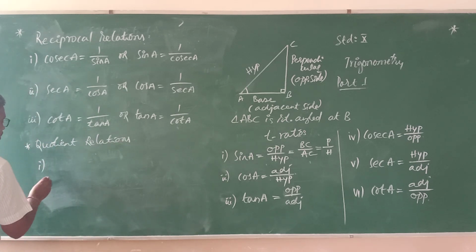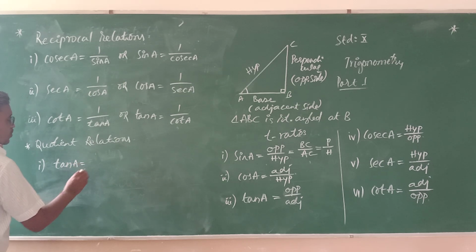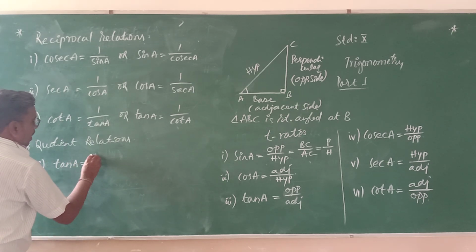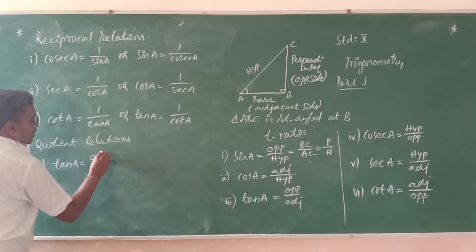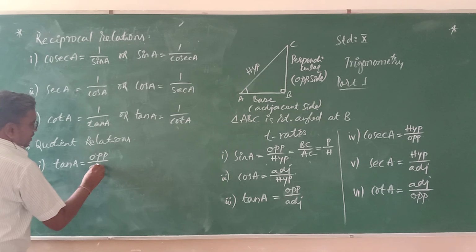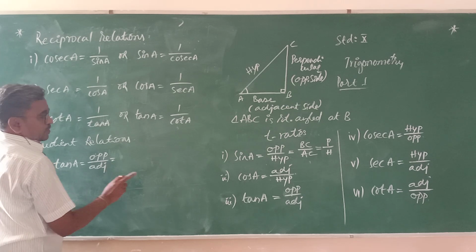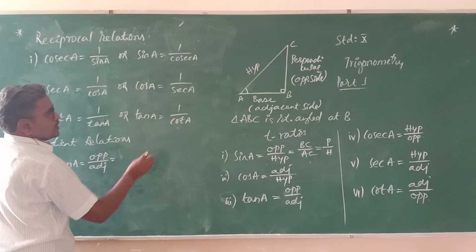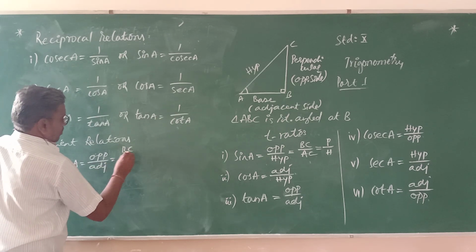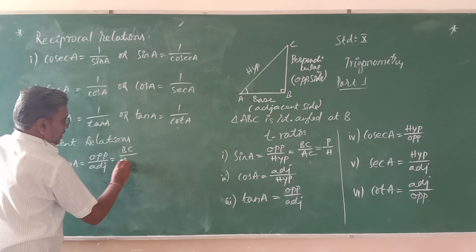Here tan A is equal to opposite by adjacent, that is BC by adjacent AB.